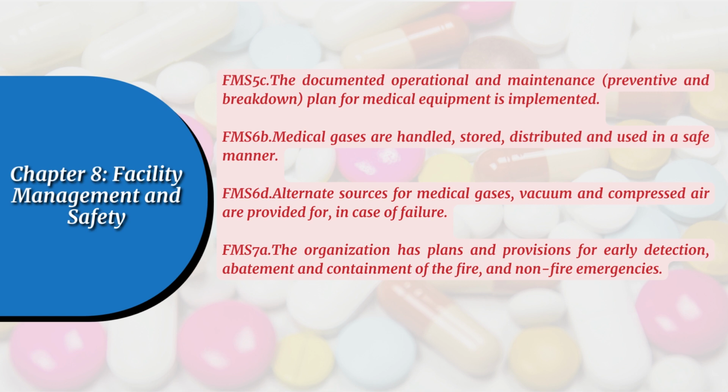It involves medical gases, medical equipment, fire and non-fire emergencies, generators, ACs, everything which supports the procedures and surgeries that happen in the hospital, or the processes that happen in the hospital, electricity, water, everything. So this was all about facility management and safety. Now we will move on to the next chapter, number 9, which is human resource management.